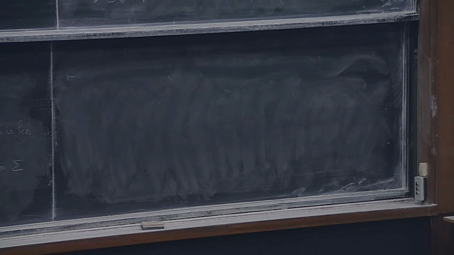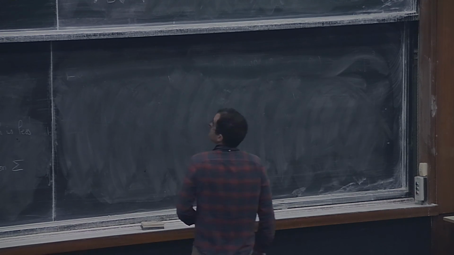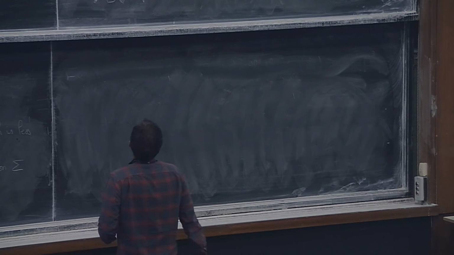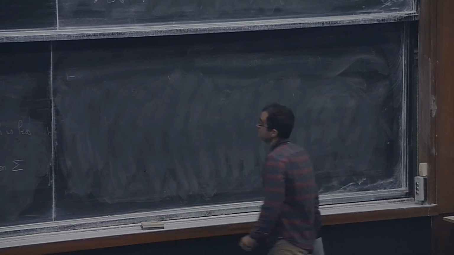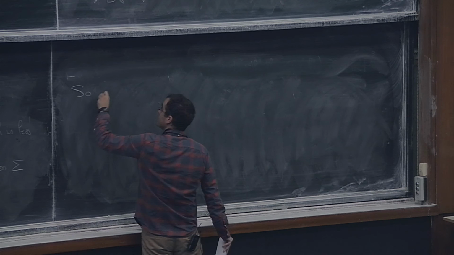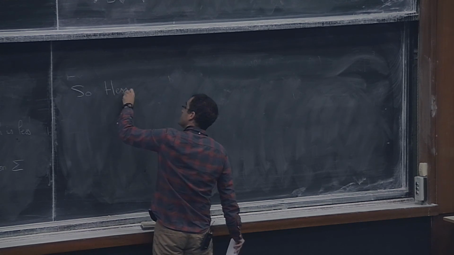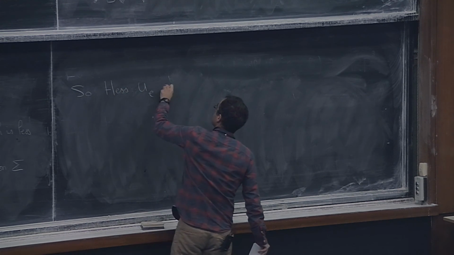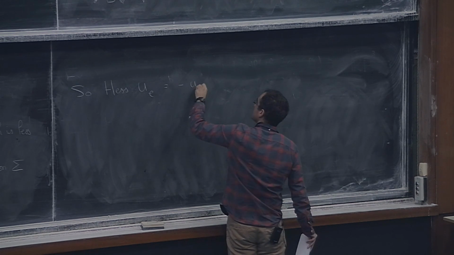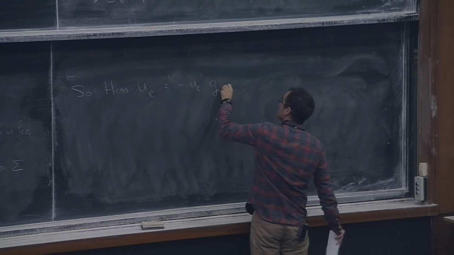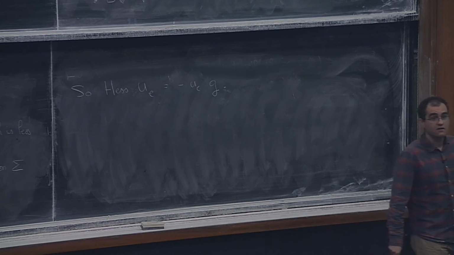But it tells me another thing. Where is the computation? Okay, look at the expression which is there on the second line. So the Hessian of the function u_E is equal to minus u_E times the metric on sigma.